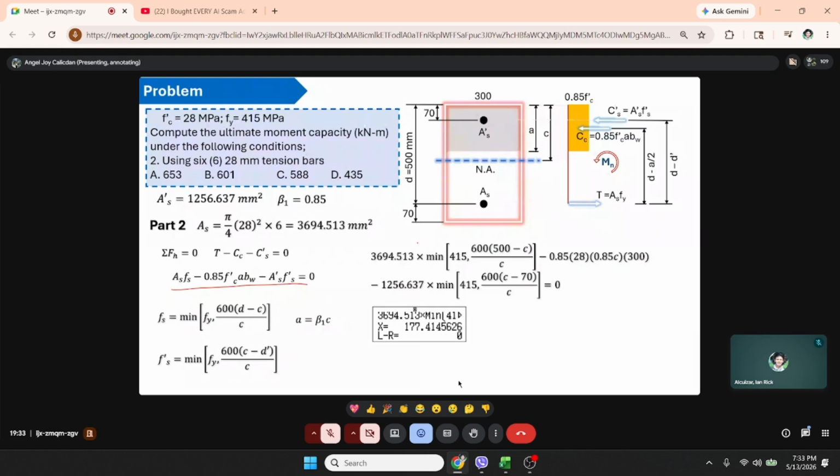And shift solve, we have 177.400, round up to 415 mm na c. And to get a, multiply sa beta 1. And we have a equals to 150.802 mm.